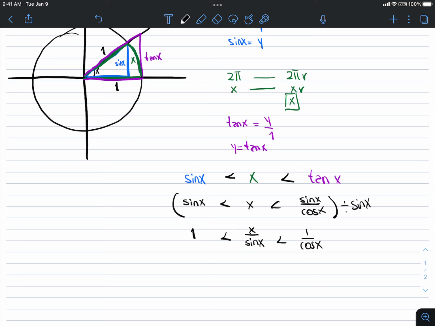And now we can do a squeeze limit theorem argument. So the limit of 1, if you go on the left side first, and let me go back to doing my blue and purple colors there. So the limit of 1 when x goes to 0 is a constant, so it's just 1.